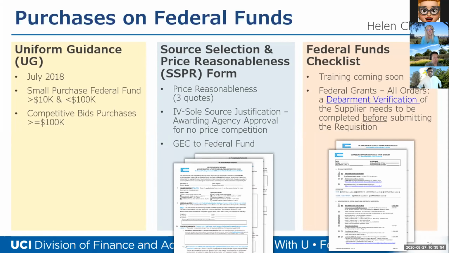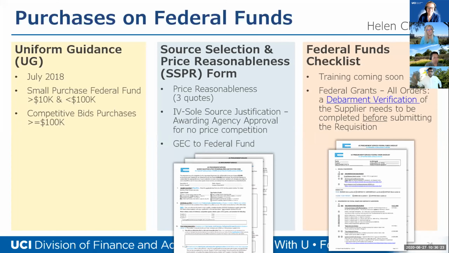Make sure this vendor has the status of no exclusion, meaning they don't have a restriction to do business with the federal government. That's what will be upcoming in the training. And perhaps we will also train you on the SSPR form, since 51% of the audience here requested us to train you. Thank you.